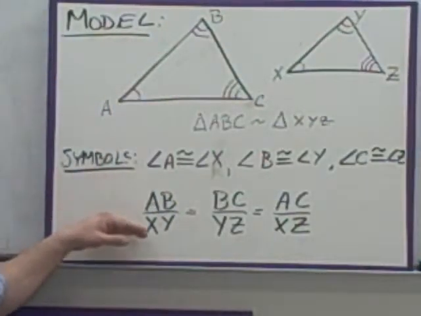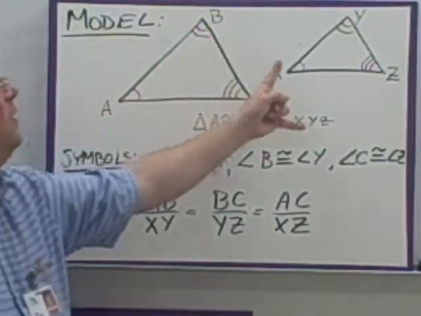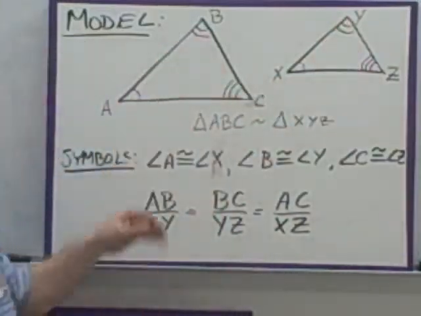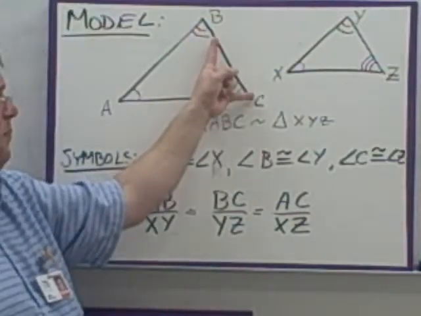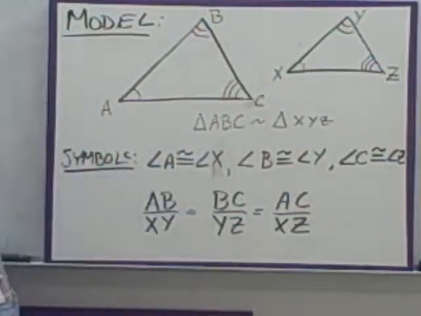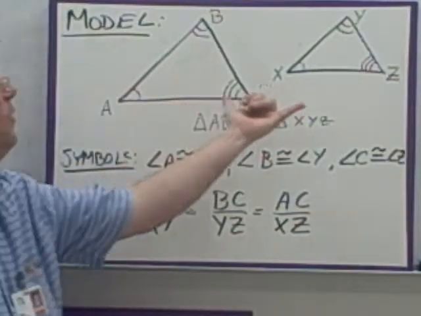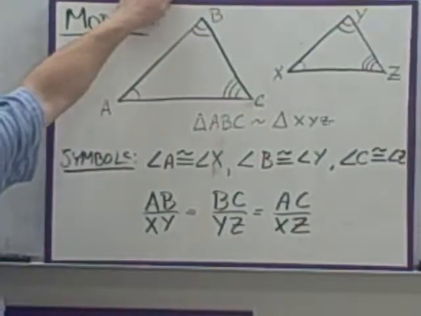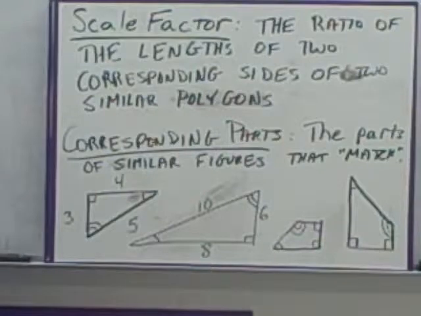And if you put one over the other, that's going to be equal to the corresponding part here, BC, over its corresponding part here, YZ. So the length of AB over XY is going to be equal to the length of BC over the length of YZ, which is also going to be equal to the length of AC over the length of XZ. And that's what we're going to use to find missing lengths.